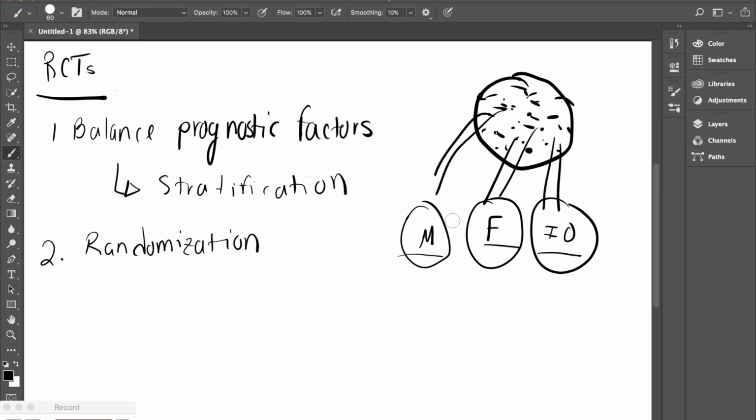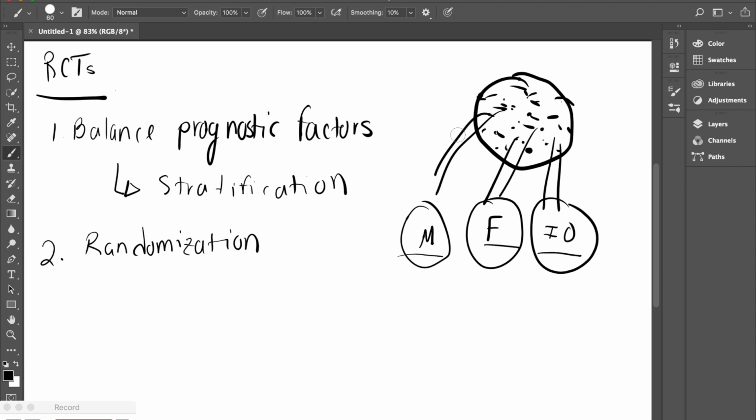We're going to make sure that the people who get the treatment and the control are getting the treatment and control, not because of what we decided, but because there was some sort of element of randomness in the decision. Okay? And one of my favorite ways to perform randomization, and one of the ways that a lot of people actually do perform randomization in RCTs after doing stratification, is called blocked randomization.